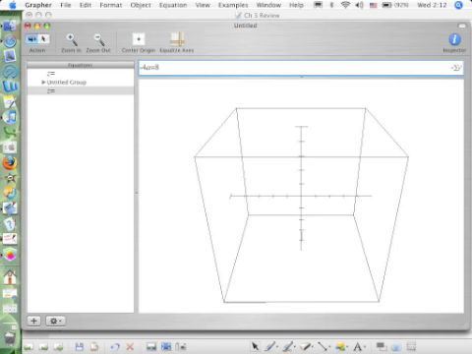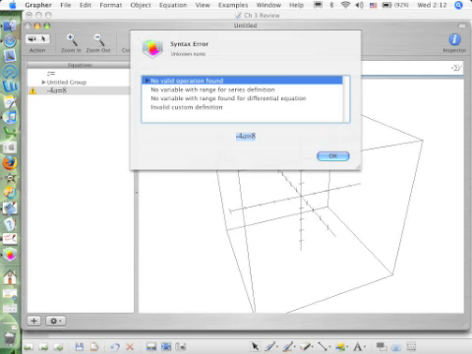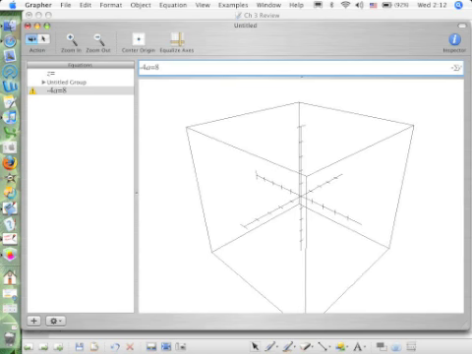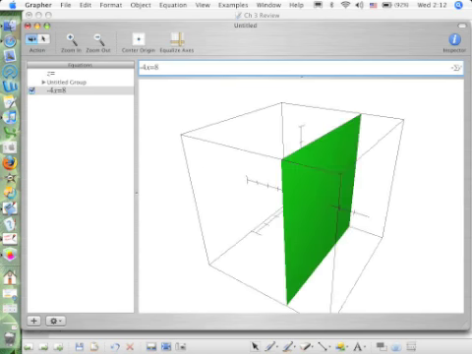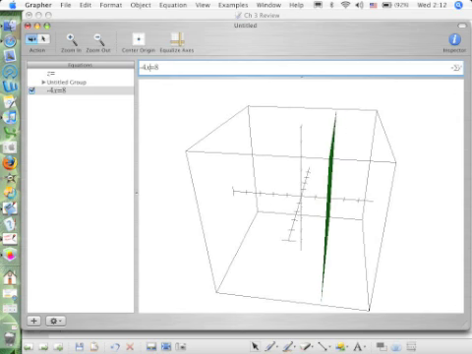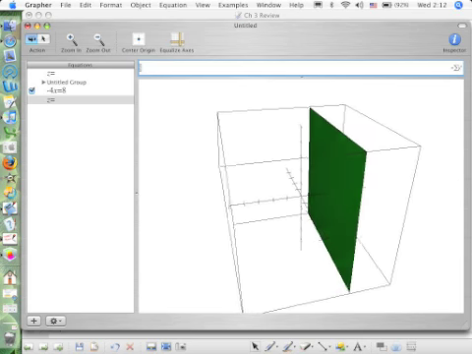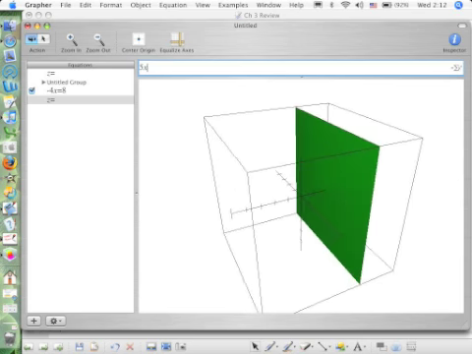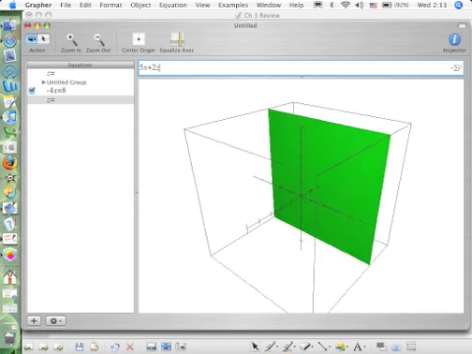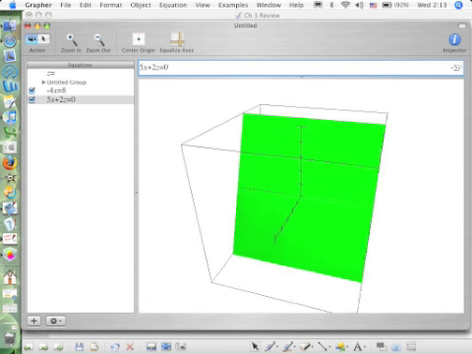Here was our first equation. Excuse me, I need to put X. Here was our second equation. That's where that one exists.